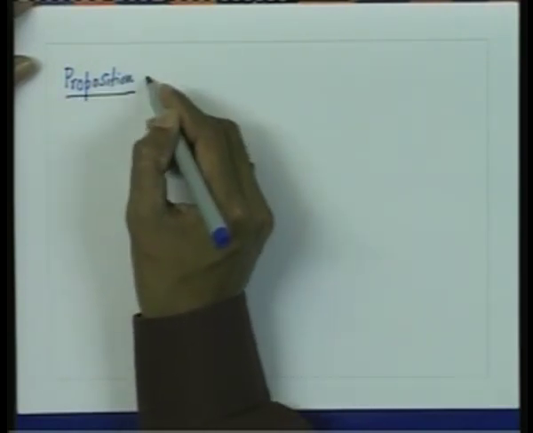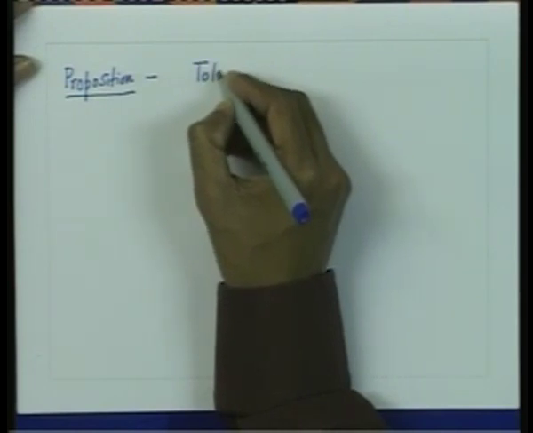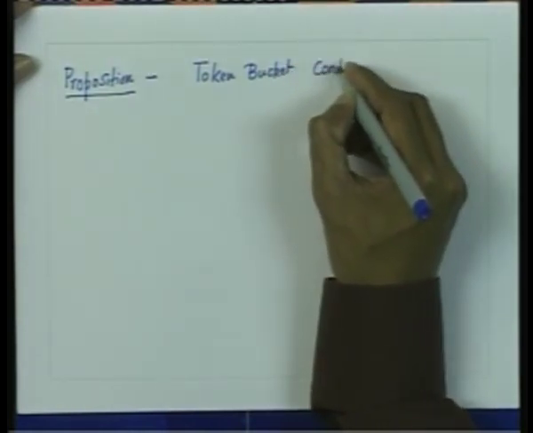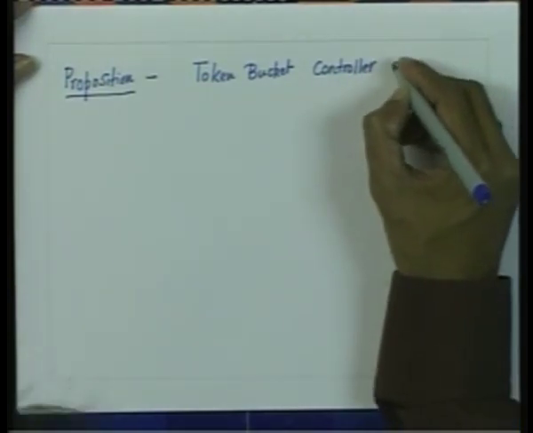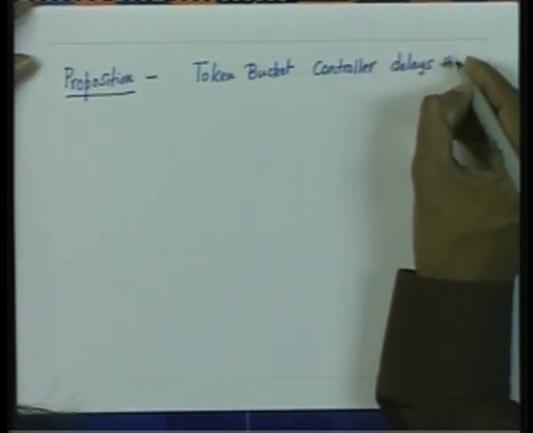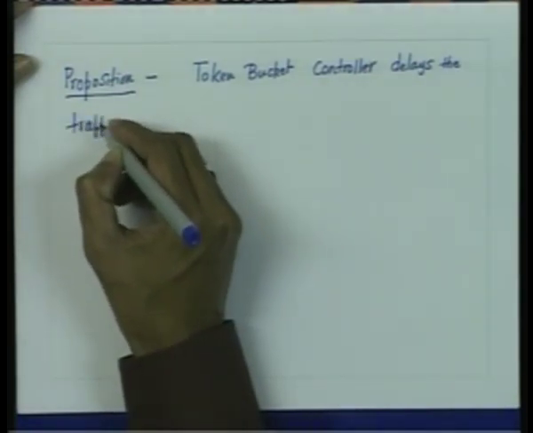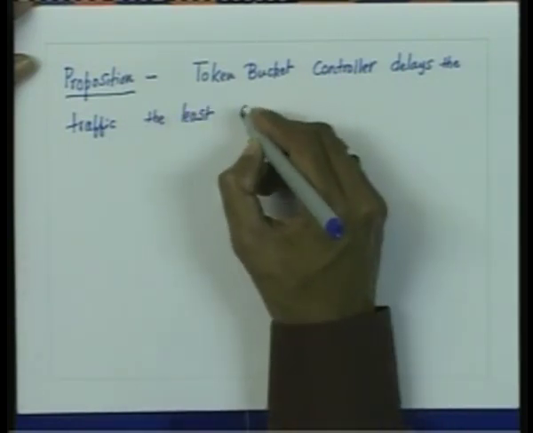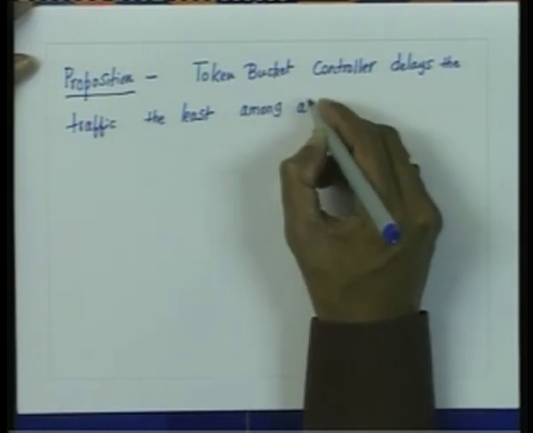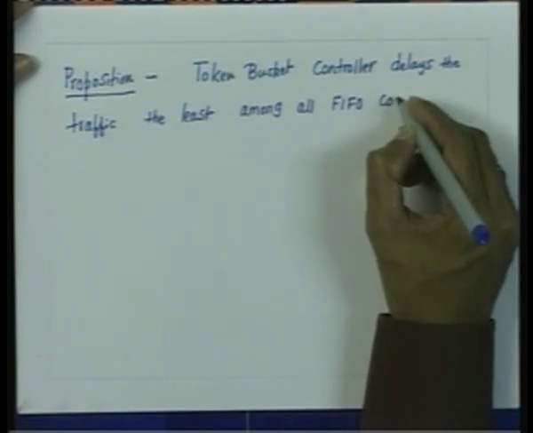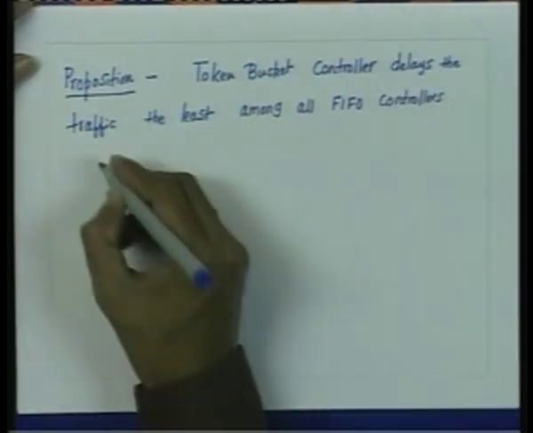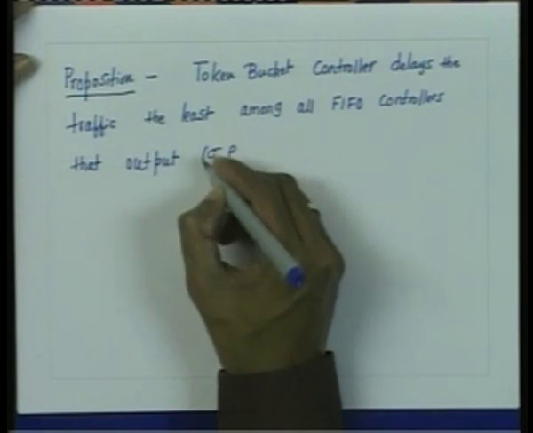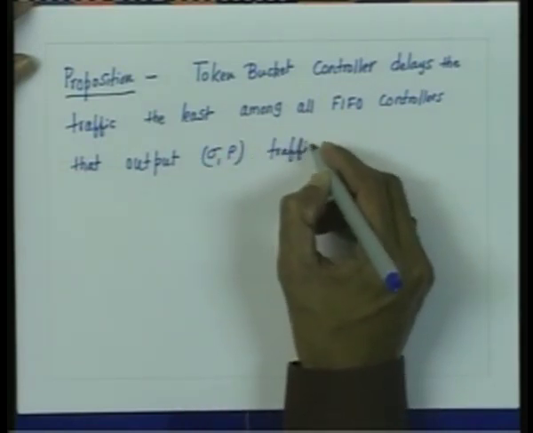Our claim is that a token bucket regulator, token bucket or a leaky bucket controller, delays the traffic the least among all FIFO controllers that will output sigma rho traffic. Now where is this delay?